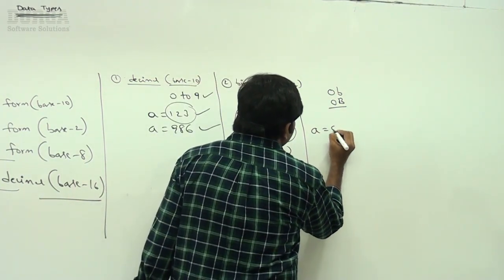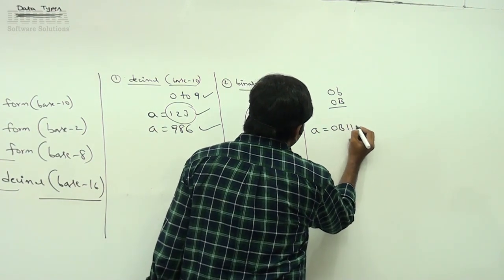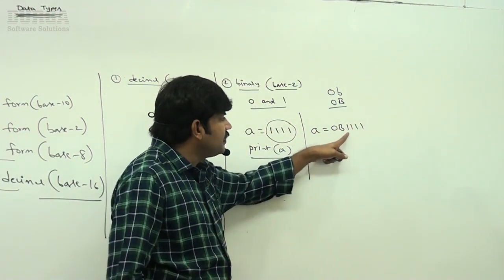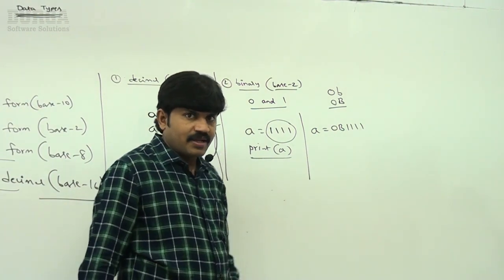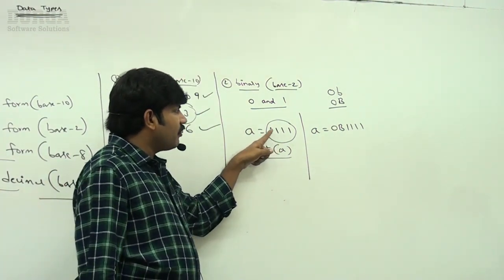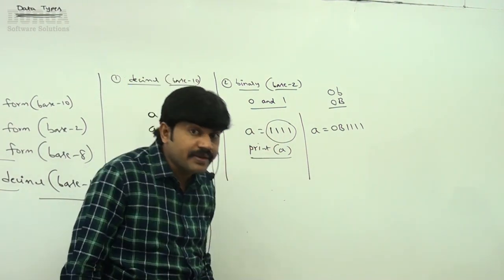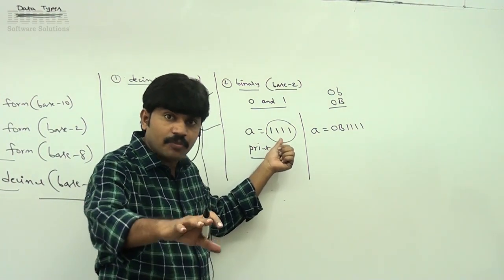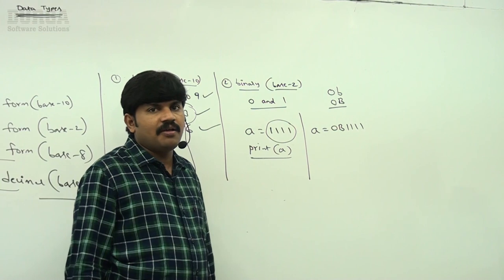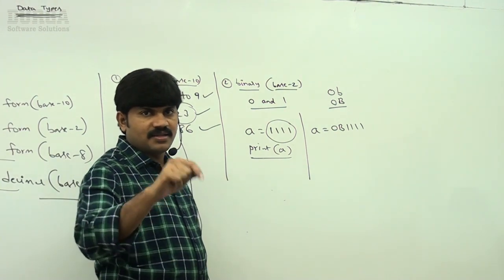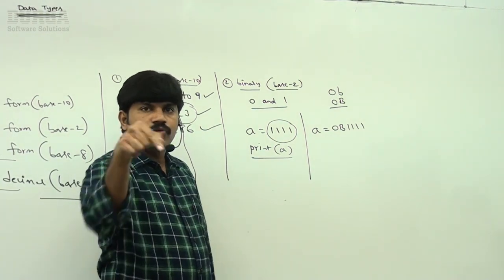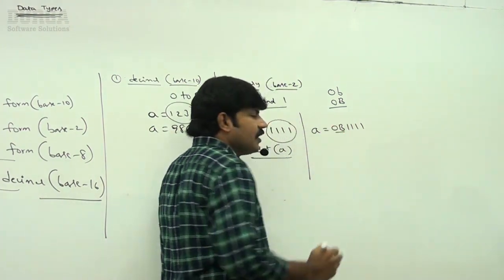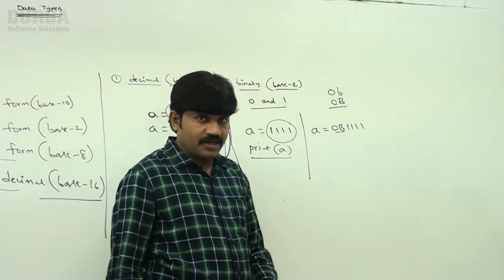Now a = 0B1111. Only then is it considered a binary number. By default, even if you write 1111, it is treated as decimal, base 10. I want to specify, hey Python virtual machine, please consider it a binary number. You specify it explicitly with 0b, either small b or capital B, no problem at all.